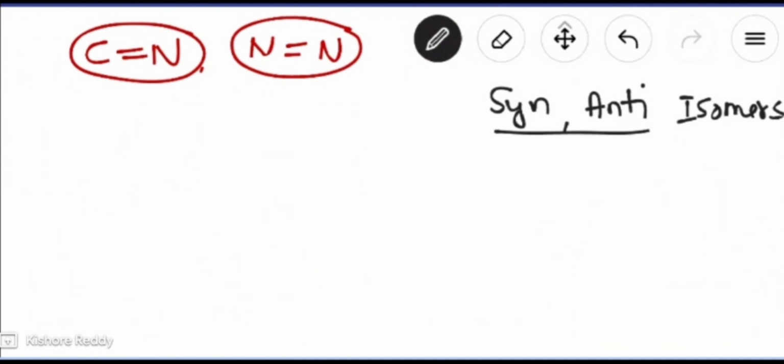Okay, let us write. First one is aldoxime. We will discuss oximes in grade 12, that is, aldehydes and ketones will exhibit this. Aldoximes as well as ketoximes will have C=N in this. First and foremost, I'll give you one structure.